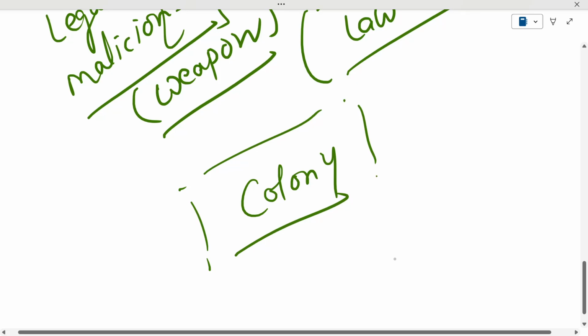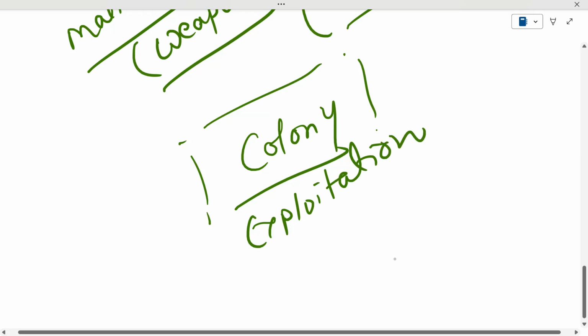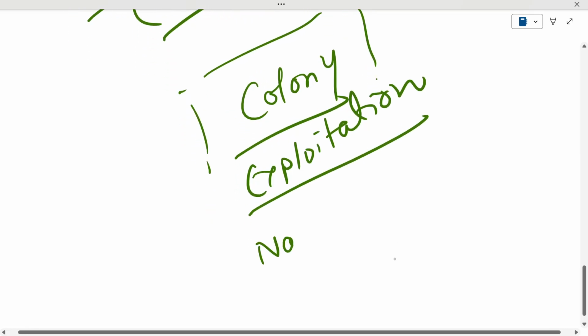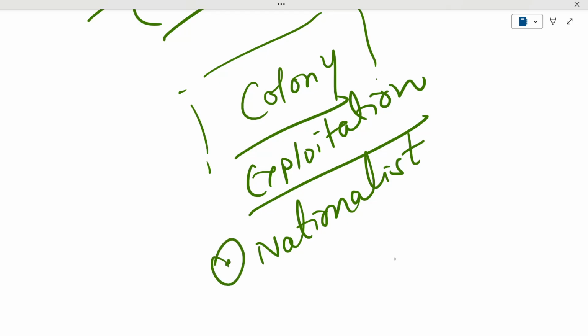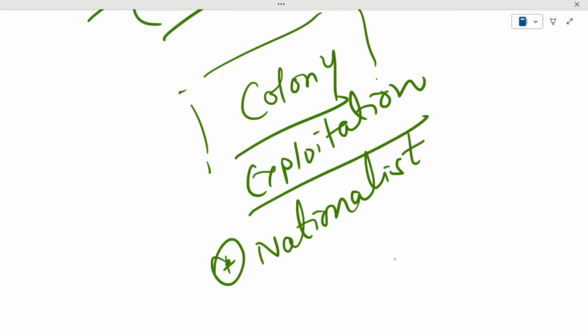And during this colonization, and by the effect of such exploitation, our freedom fighters or nationalist leaders tried to mobilize people on various grounds. Some were social, some were economic, some were religious, but they did manage to mobilize people.